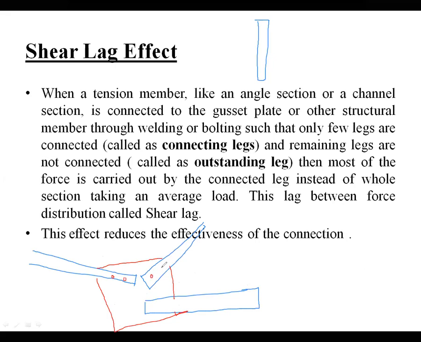So when load comes from this direction to this plate, it needs to be transferred to this section. This transfer happens through the gusset plate or through the connection.